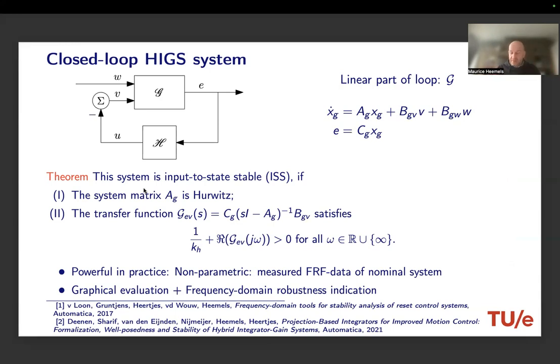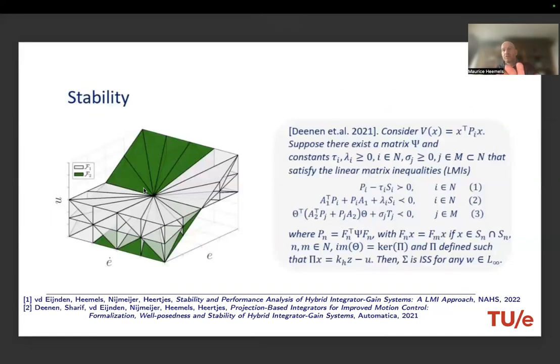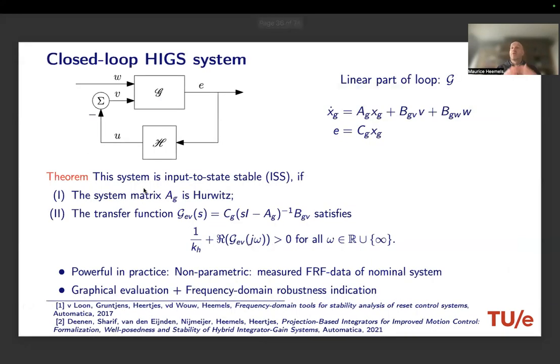The previous tools require a parametric state space model, which is not always easy to get in industrial practice, while it is often quite easy, using multi-sine experiments and quite basic identification techniques, to get a frequency response model, a Bode plot of your plant system. It's nice if you can assess stability or certain properties based only on an FRF, a frequency response function of the plant, which is easily obtained.